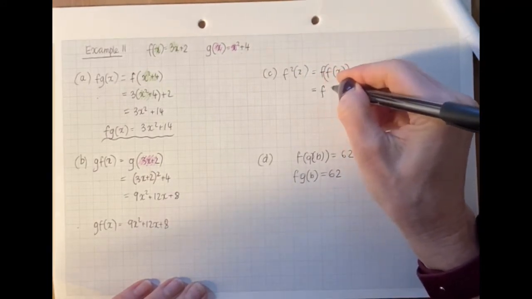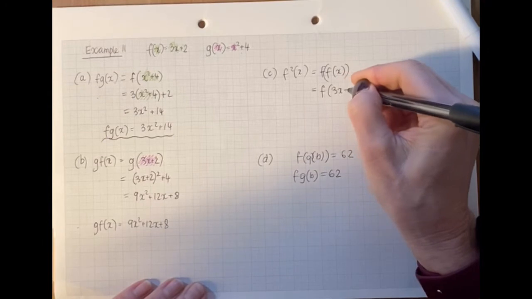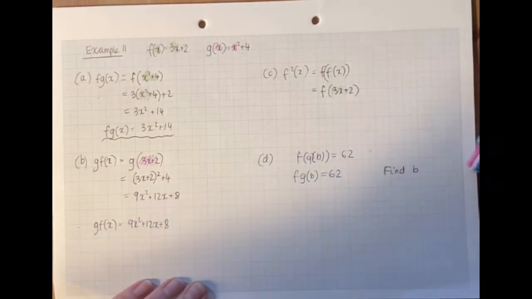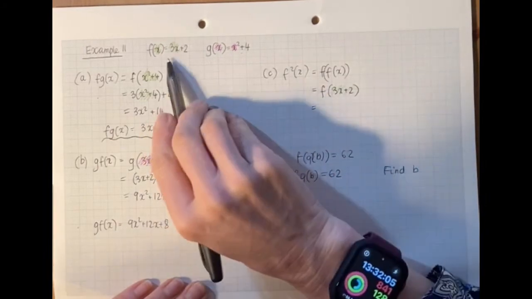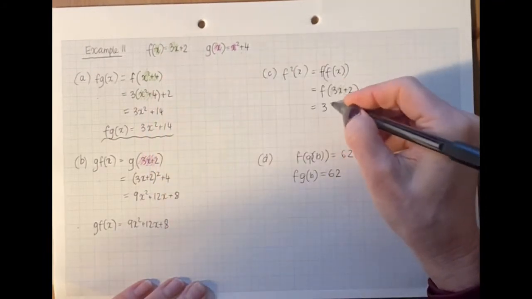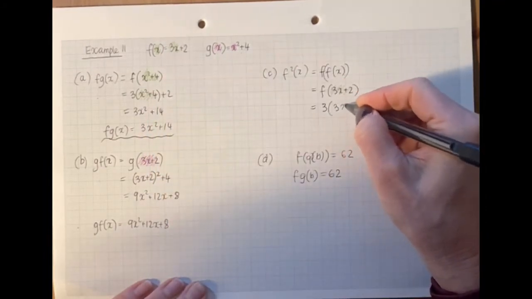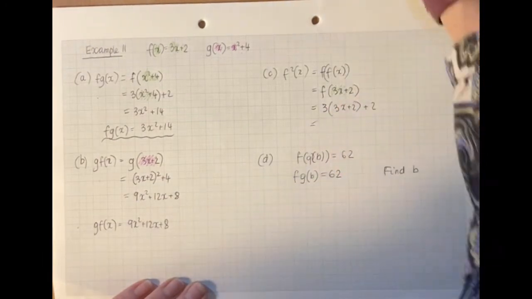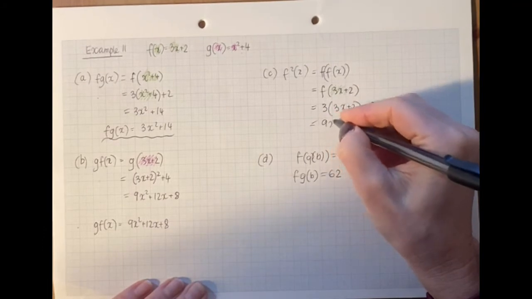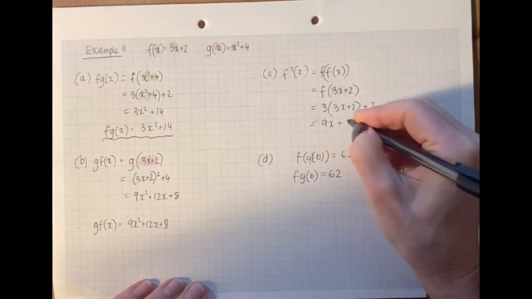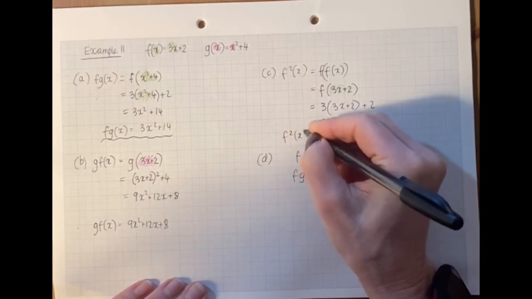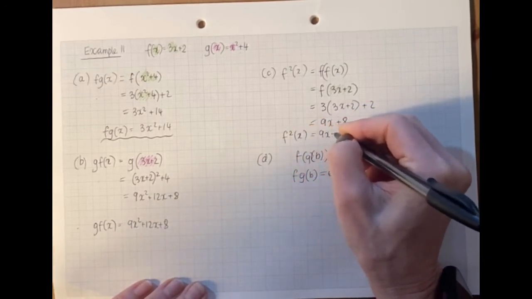So f of x is 3x plus 2. That becomes the input into my function f, which is multiply the input by 3 and then add 2. So let's expand it: you're going to have 9x plus 6, and plus 2, that's plus 8. So f squared of x equals 9x plus 8.